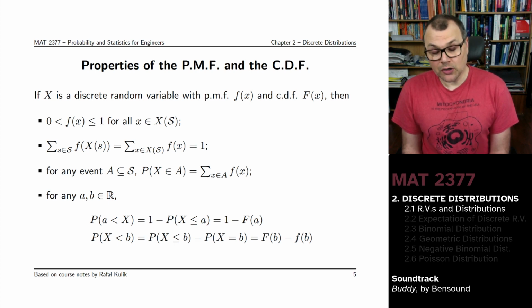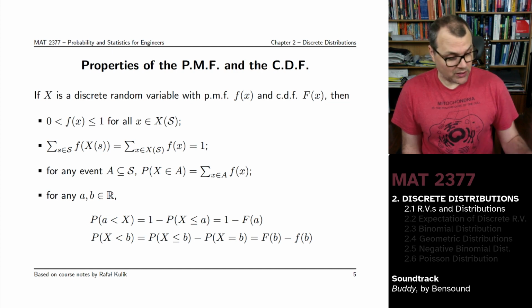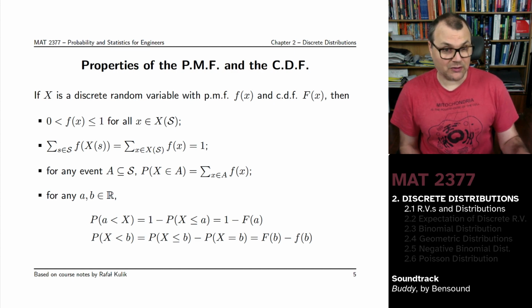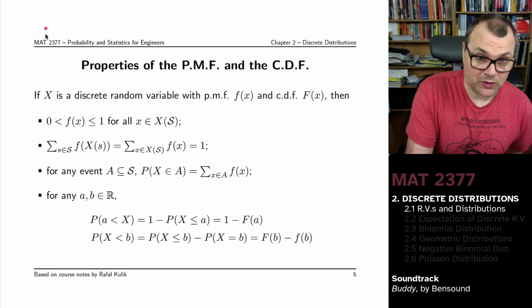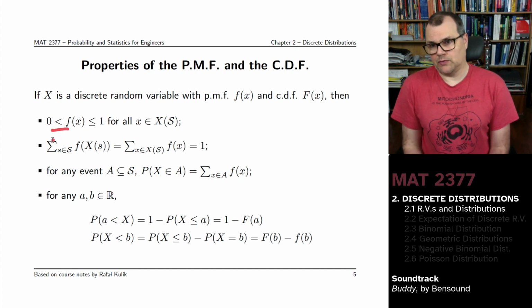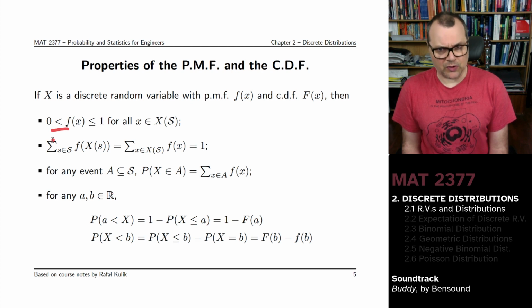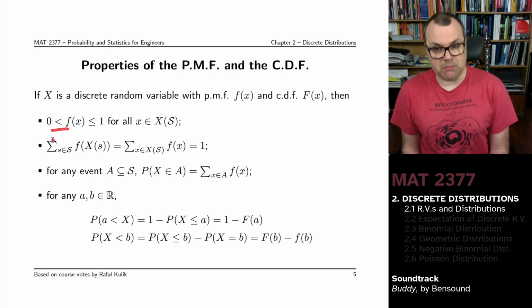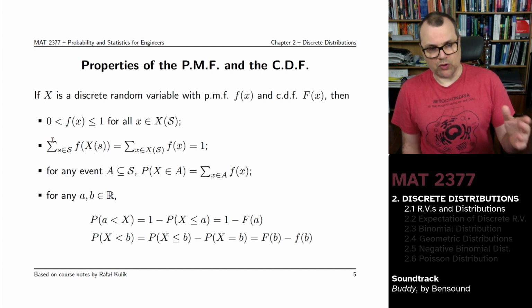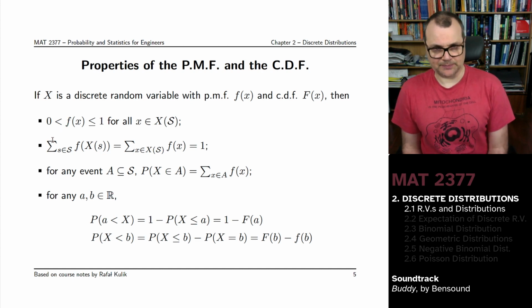In theory, it could also be 0. The inequality here does not have to be strict, but for outcomes where the PMF takes on the value 0, what you're saying is that there is no probability of that outcome happening. So if there's no probability of the outcome happening, it can't happen, so it's not really part of the sample space to start with. Right? It's not one of the possible outcomes. So we will denote it using the strict inequality.